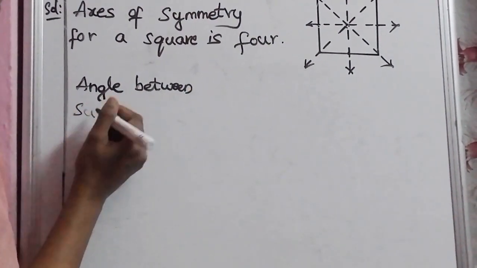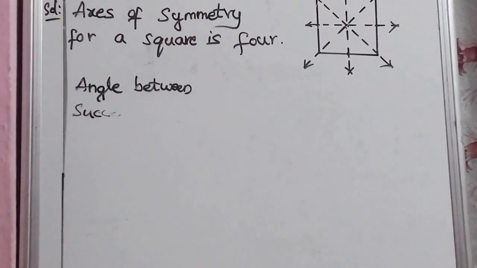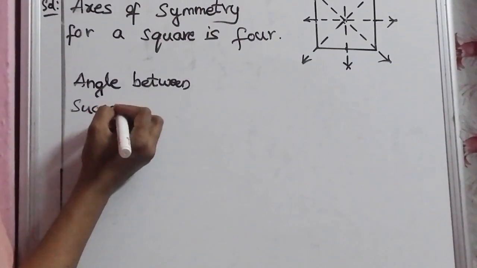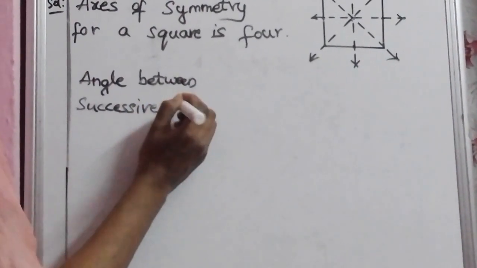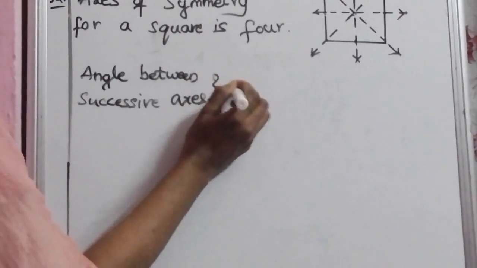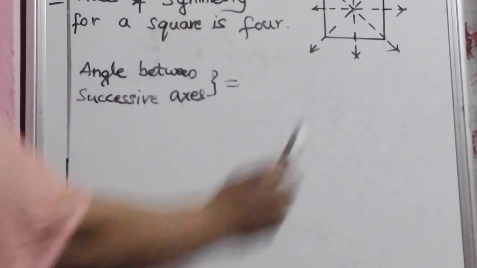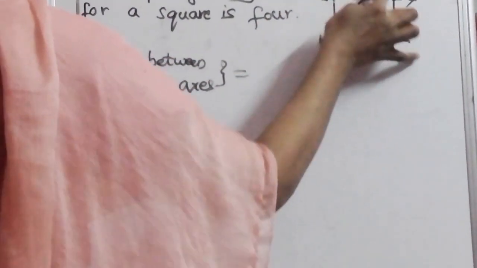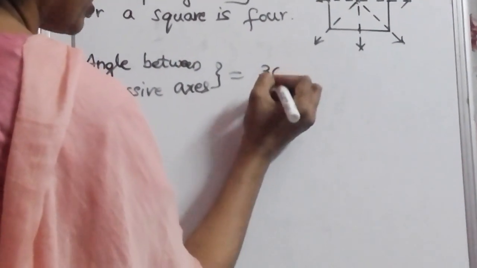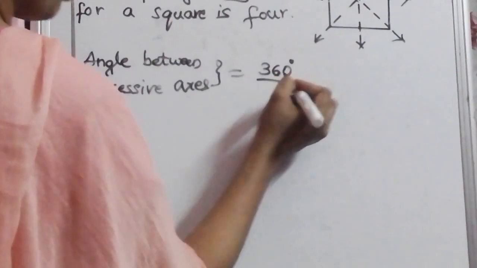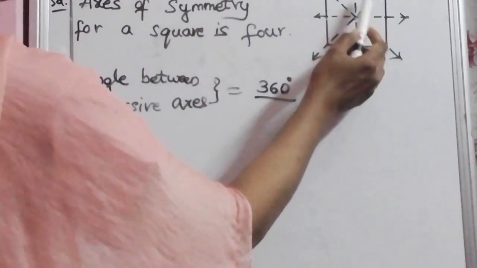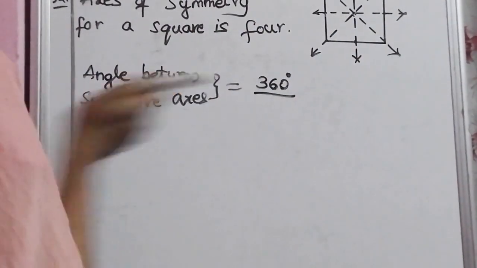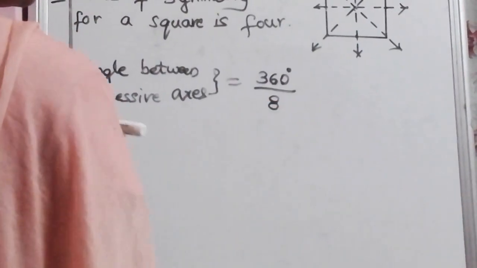Angle between successive axes. This is equal to, you know that in the center the angle here is going to be 360. For a circle the angle is 360. So the complete angle is 360. Now let us count how many parts are there inside this. So let's start from this side. 1, 2, 3, 4, 5, 6, 7 and 8. So 360 degrees divided by 8 we have to do.